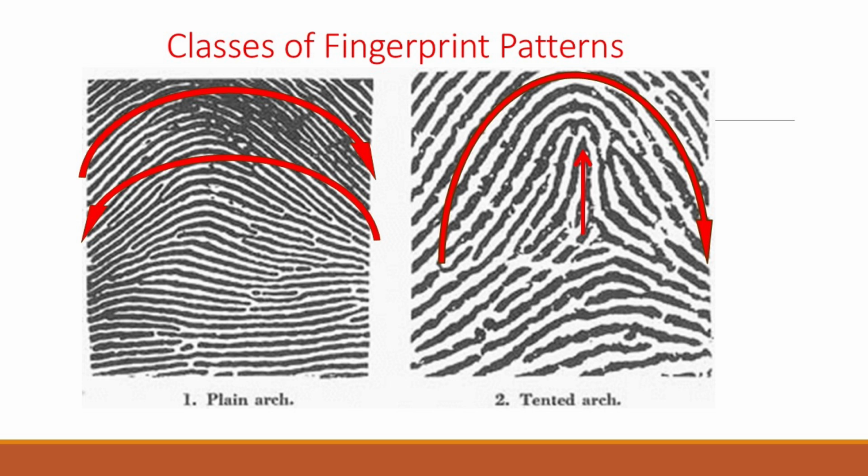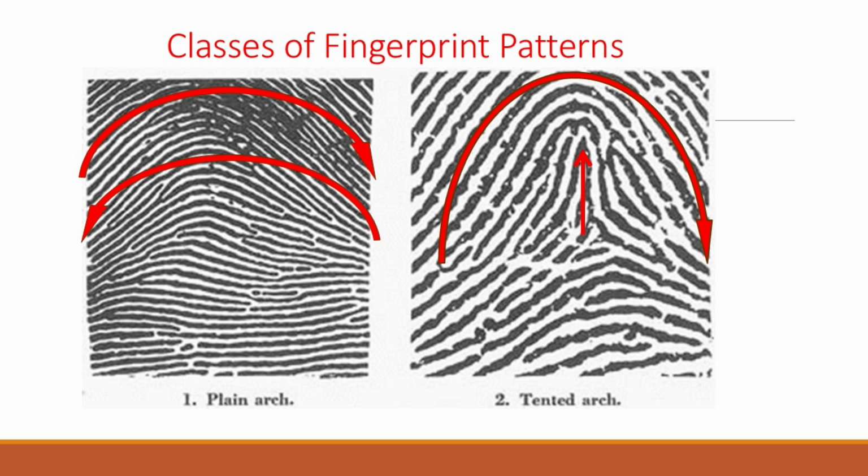So all the lines in arch move from one side to another side without moving back. That is for arch. And what differentiates a plain arch and tented arch is the up thrust, which you have in tented arch and is not present in plain arch.